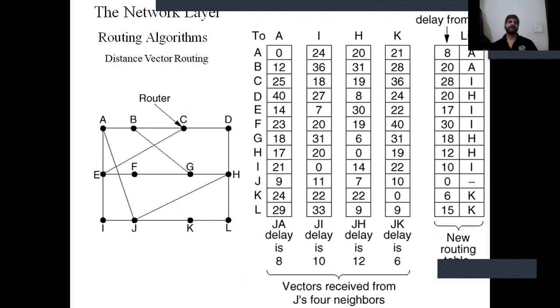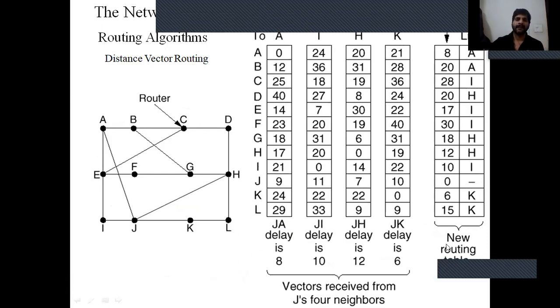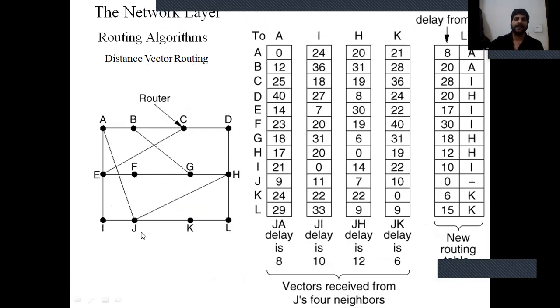Next example of the distance vector routing algorithm. Suppose we are given a graph and C is the router. We create the new routing table of J, estimating delay from J. The direct links of J are I, K, H, A. Suppose the routing table of A is this, the routing table of I is this, of H is this, and of K is this.